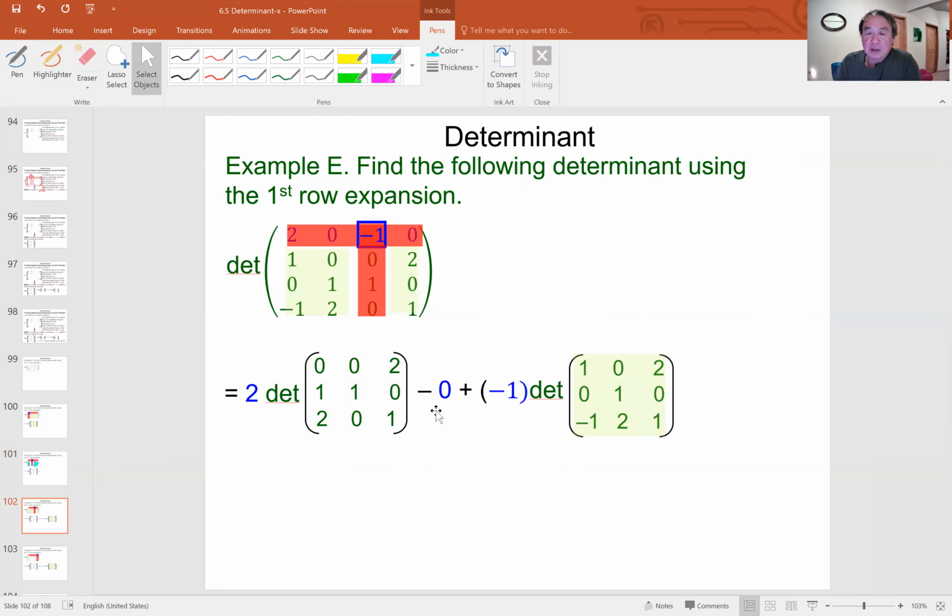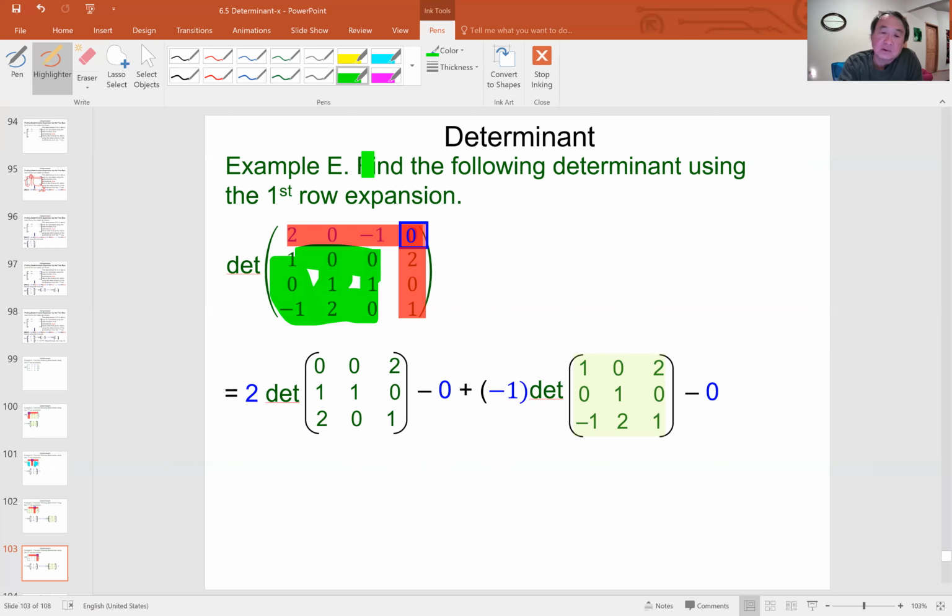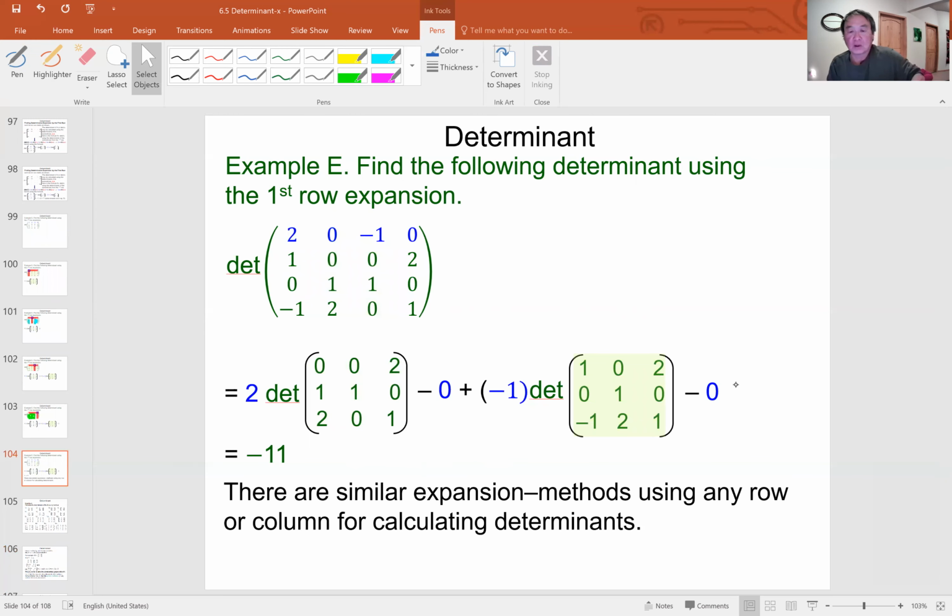Then plus minus 1 times the determinant of the green part, and finally the last entry 0 times the determinant of this green part, which is 0. So you get 0 again, and then we do 3x3 expansions of the other two, and you get minus 11. That's how we do a row expansion of bigger size matrices.